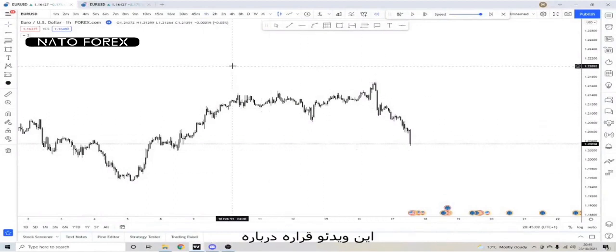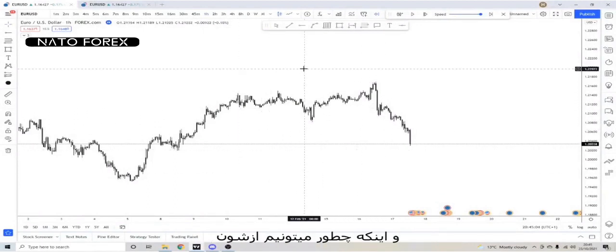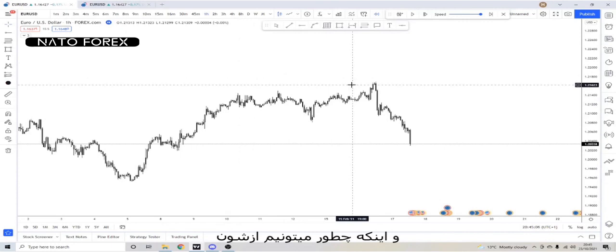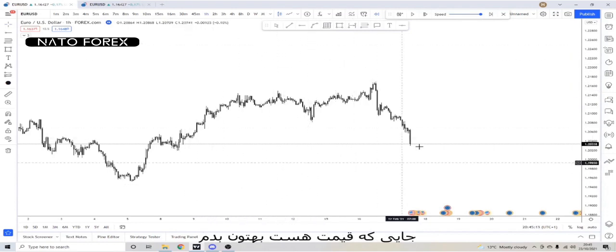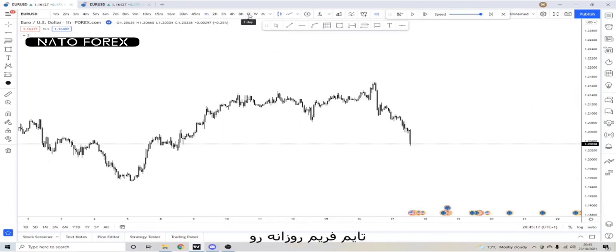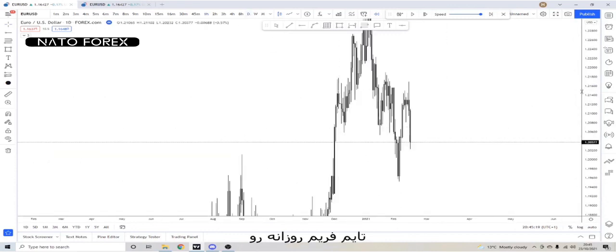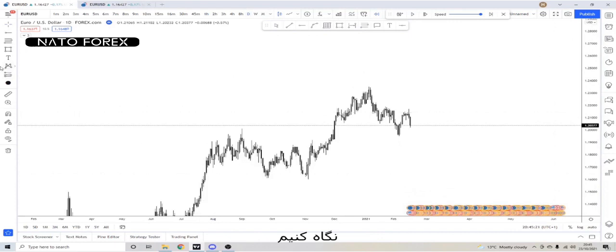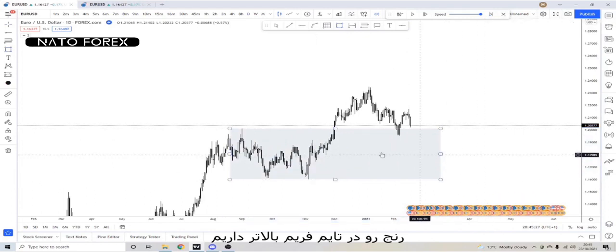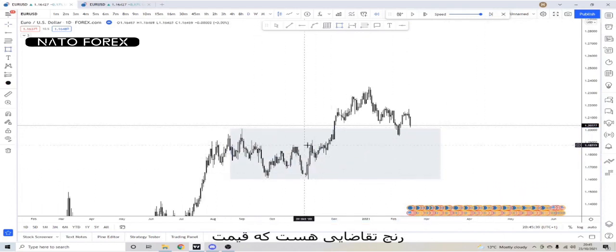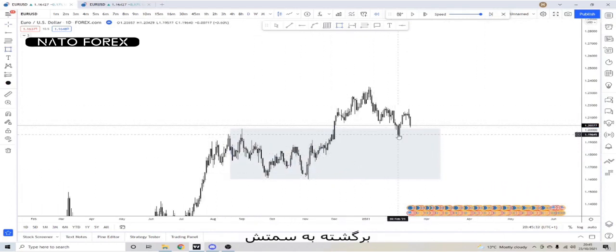This video is going to be about ranges and how we can use them, how we understand them in the market. Just to give you a bit of context on this bit of price action, if we zoom out and look on the daily chart, we can see we've got this whole high time frame demand range where price has come back into this.